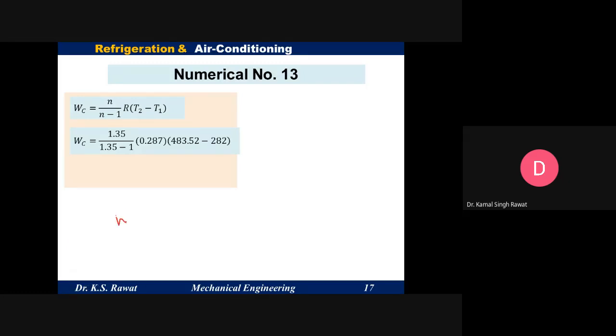In the isentropic process, what is the compression work? The compression work is gamma divided by gamma minus 1, into R, into (T2 minus T1).